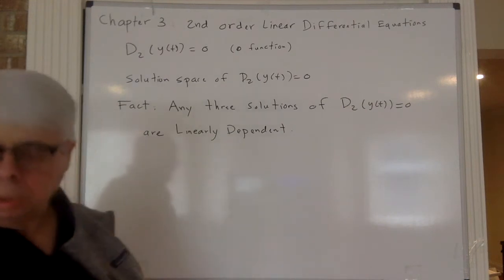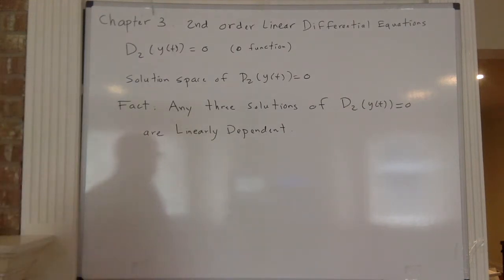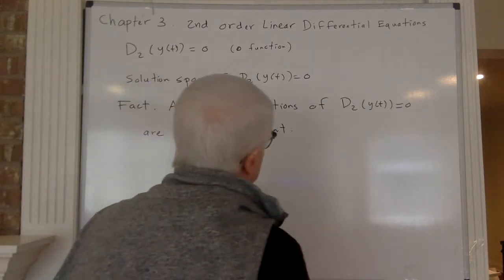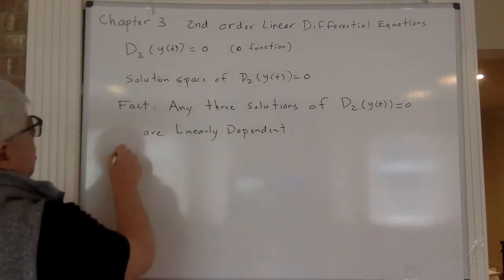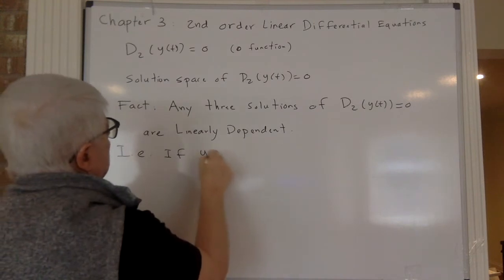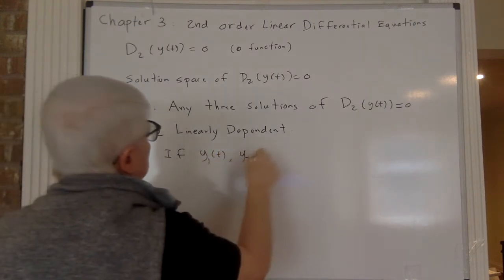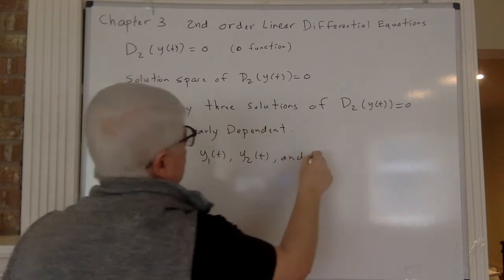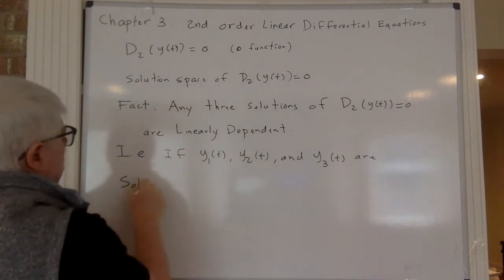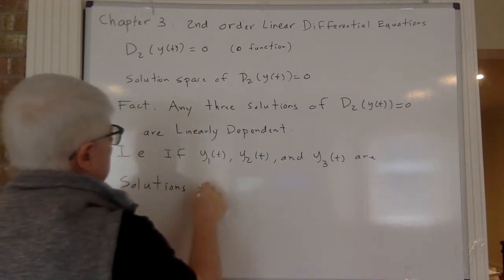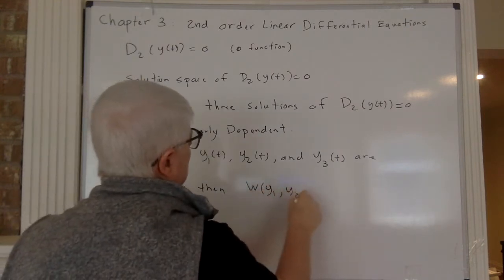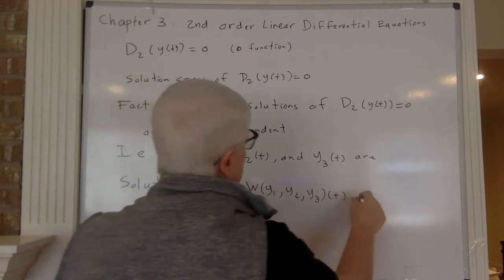Okay, so linear dependence and independence for functions, well, for solutions, is related to the Wronskian. This means if y1(t), y2(t), and y3(t) are solutions, then the Wronskian of these three at t is 0.